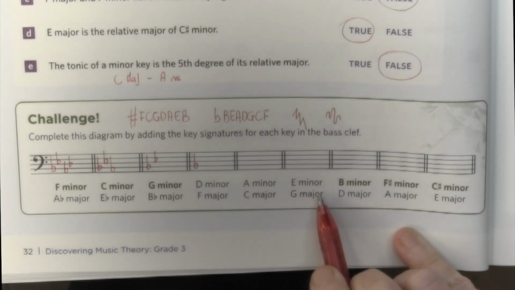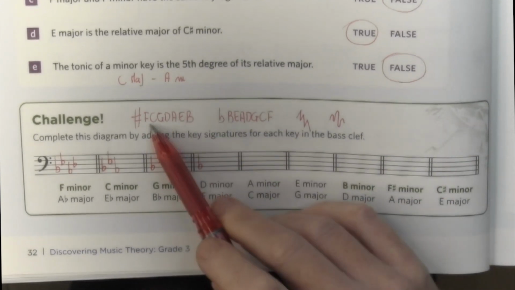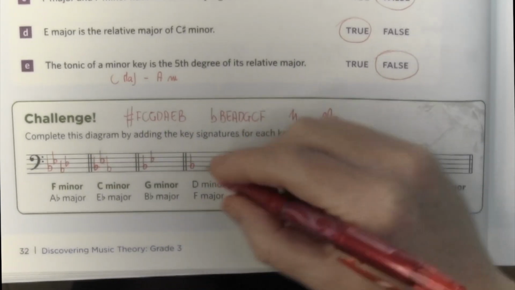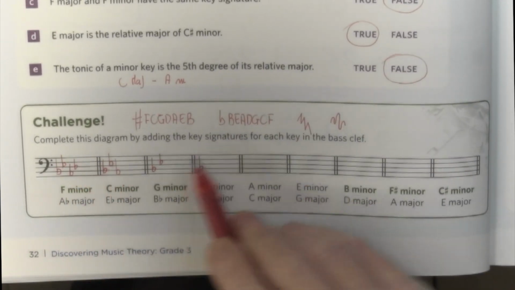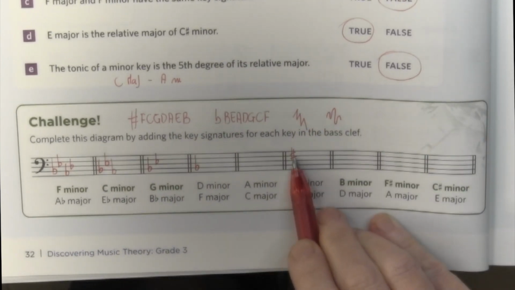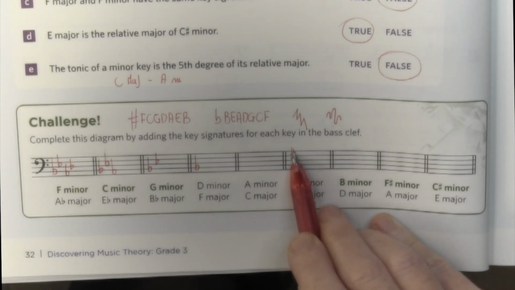E minor is the relative minor of G major, and G major minus 1 semitone is F sharp. Fa, 1 sharp. Where do we write it? On the F line, which is here, the 4th one. Here again, imagine that you are writing a note, and the middle of this sharp sign is where the note should be.